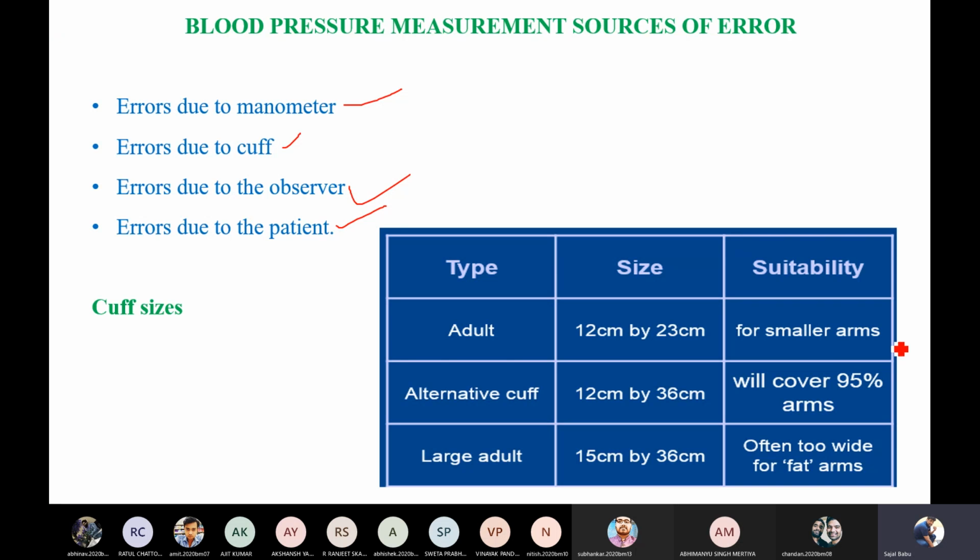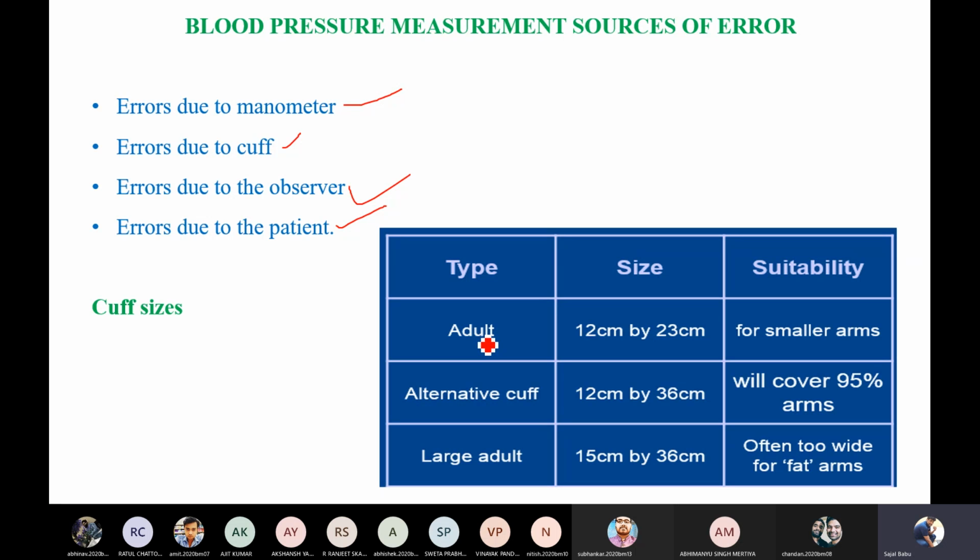Then coming to the cuff sizes. These are the cuff sizes for adults. If you are doing blood pressure measurement for an adult human being, you may choose a cuff size of 12 centimeters by 23 centimeters if the adult's arm is smaller.